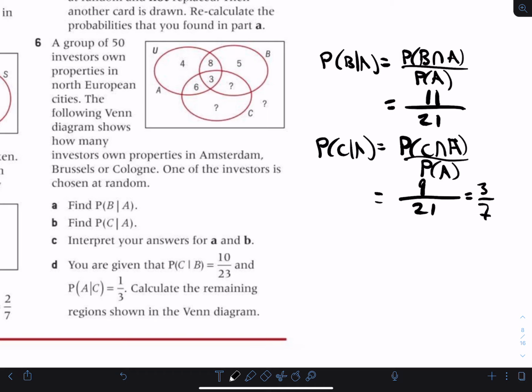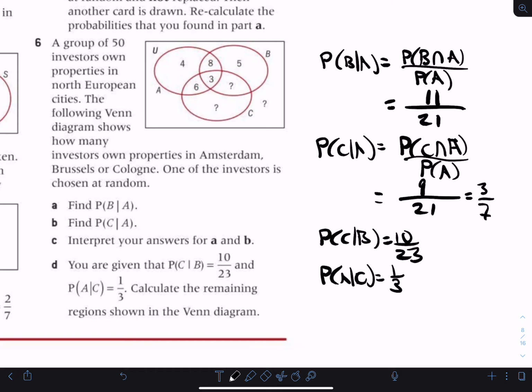D, you are given that the probability of C, given that B is true, is 10 out of 23, and the probability of A and C is equal to 1 over 3. Calculate the remaining regions where the Venn diagram is blank.